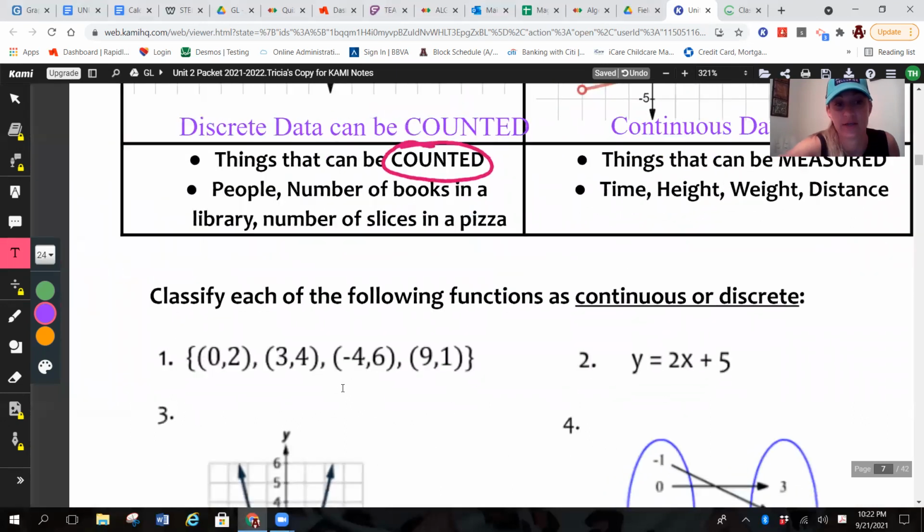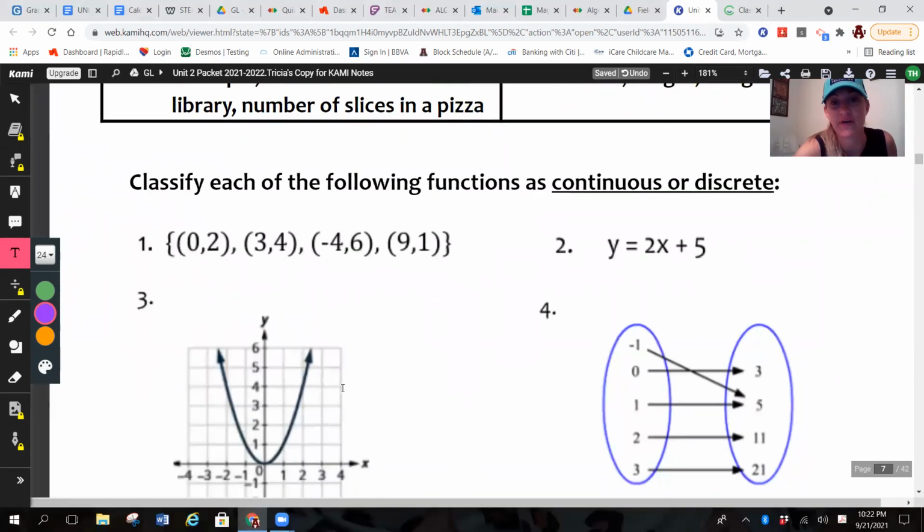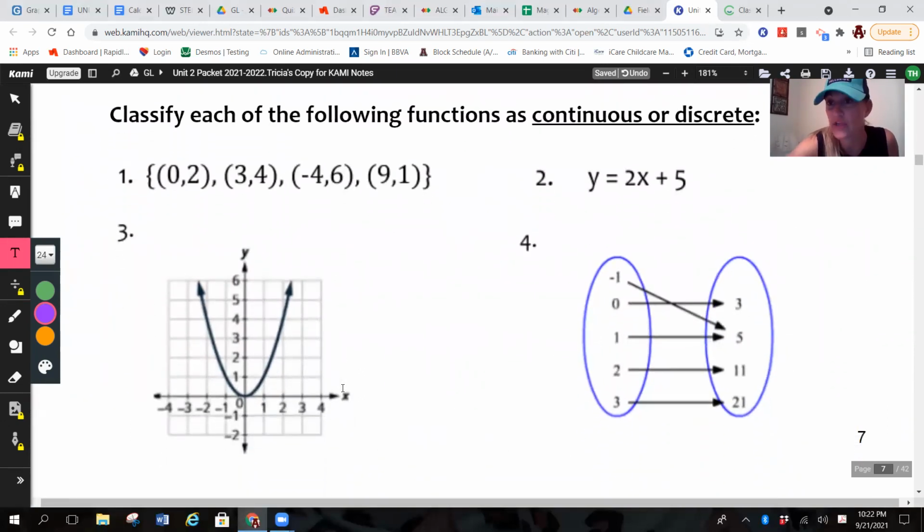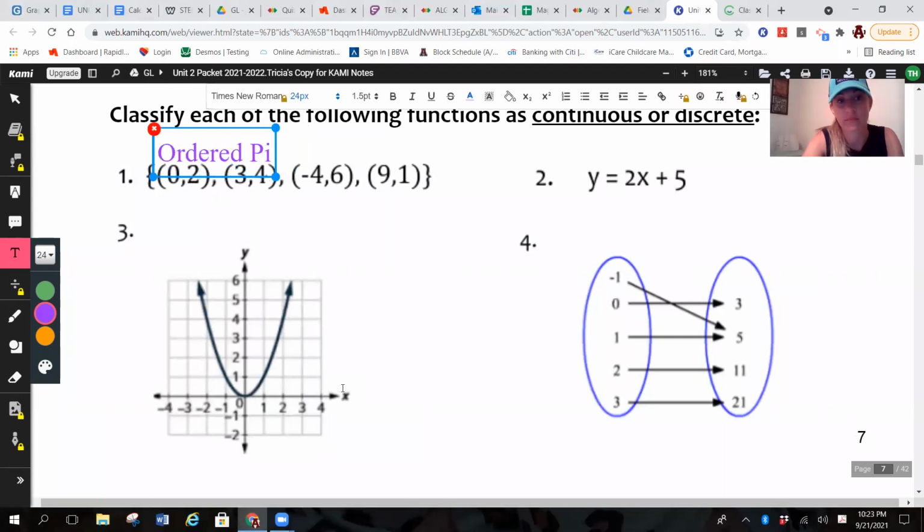All right, let's see. Number 1 says classify the following functions as either discrete or continuous. So I'm looking at number 1. I noticed that these are ordered pairs. If I was to graph these 4 points, all I would do is graph 4 points.